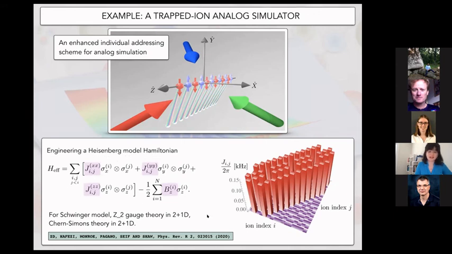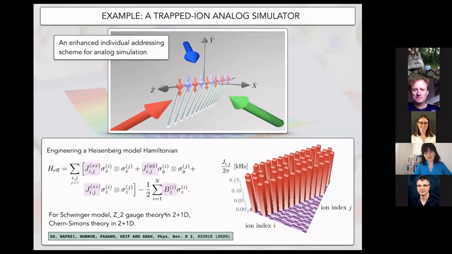And as we show, we can now have a setup that simulates the Schrödinger model or all sorts of gauge theories, even in 2 dimensions, by this enhanced setup. And now you can imagine you can really extend this toolkit, which is something that we're working on, to go beyond even the simple models that I've mentioned here, and see what happens.